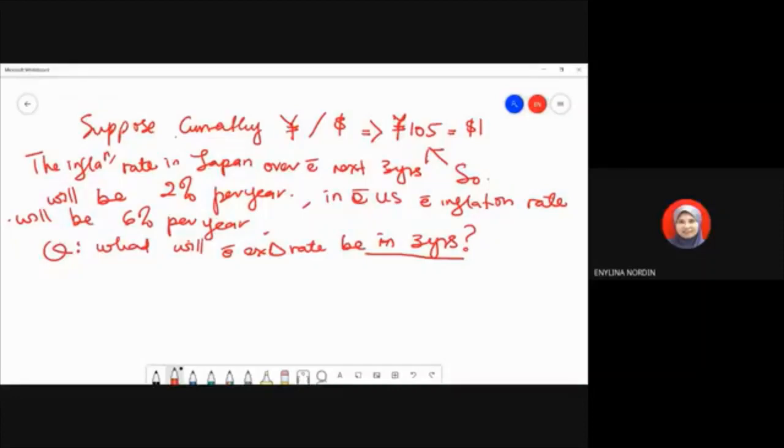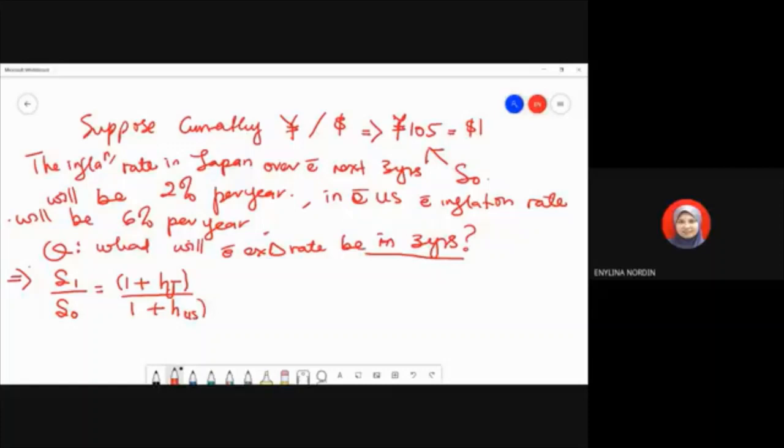We are still using the same formula. What is the formula? Future expected spot rate divided by current spot rate equals 1 plus inflation rate, in this case Japan, divided by 1 plus inflation rate, in this case US.